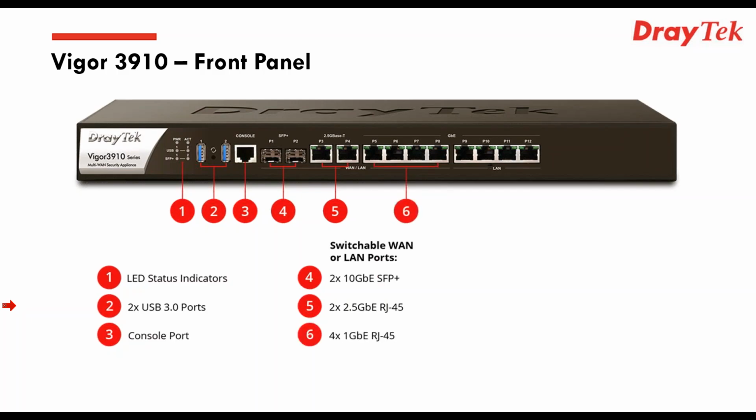The next set of ports, these are 1 gig throughput ports, and these are again switchable between WAN and LAN ports. And finally, the last set of ports here are all 1 gig Ethernet ports, but these are dedicated LAN ports as well. So that's a quick overview there of the actual ports and interfaces available on the unit.